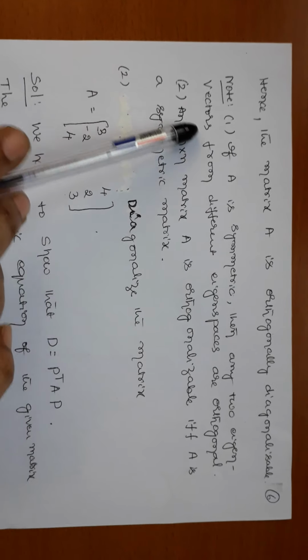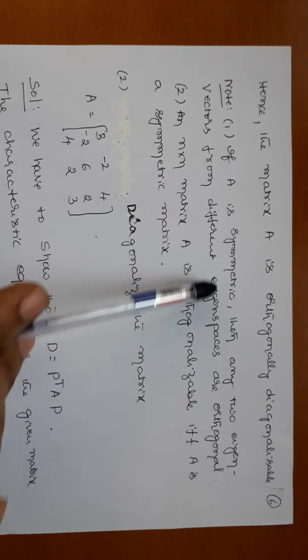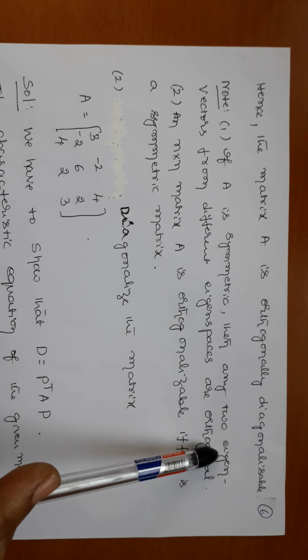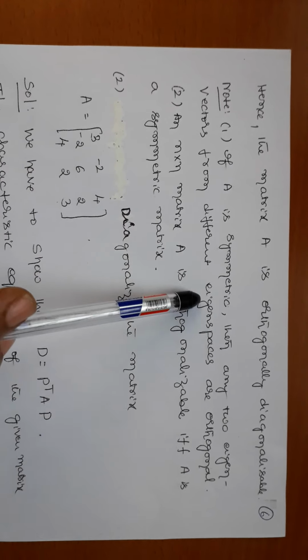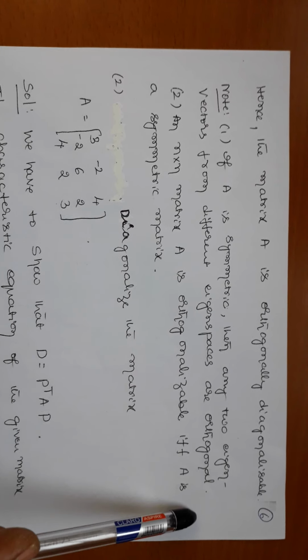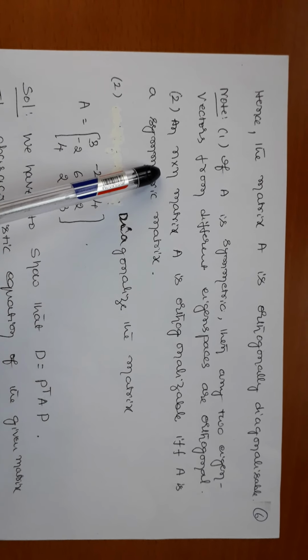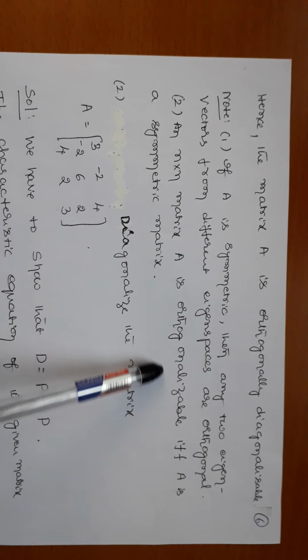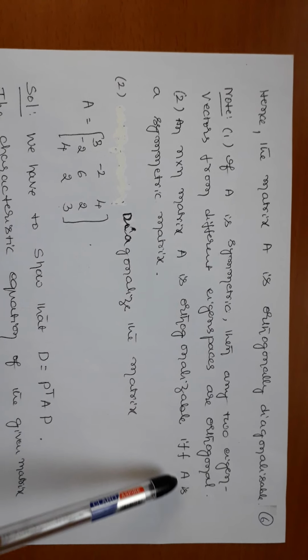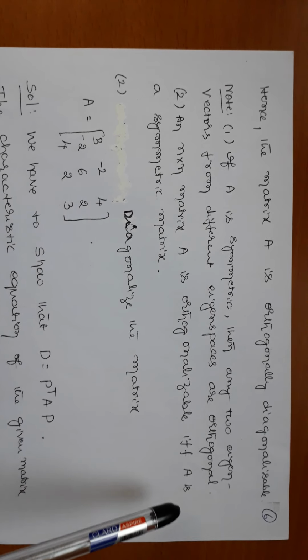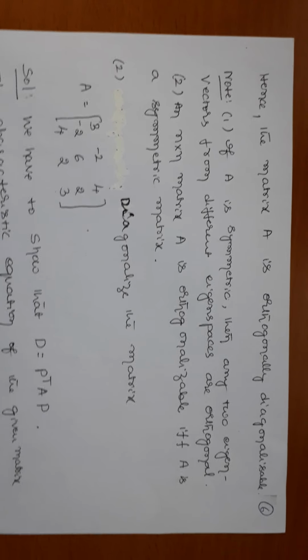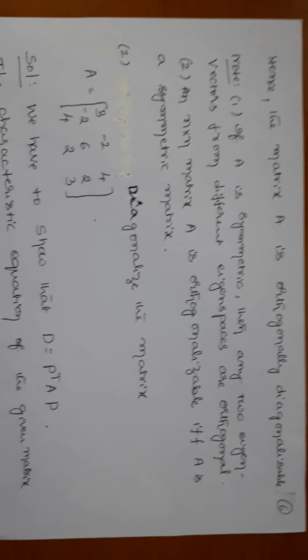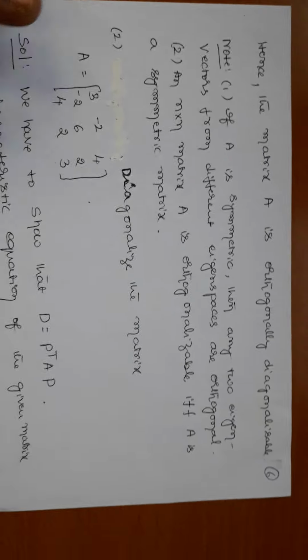Okay. Note. In the note I have written, if A is a symmetric matrix, then any two eigenvectors from different eigenspaces are orthogonal, and an n cross n matrix is orthogonally diagonalizable if and only if A is symmetric. I told this point already in my previous video.